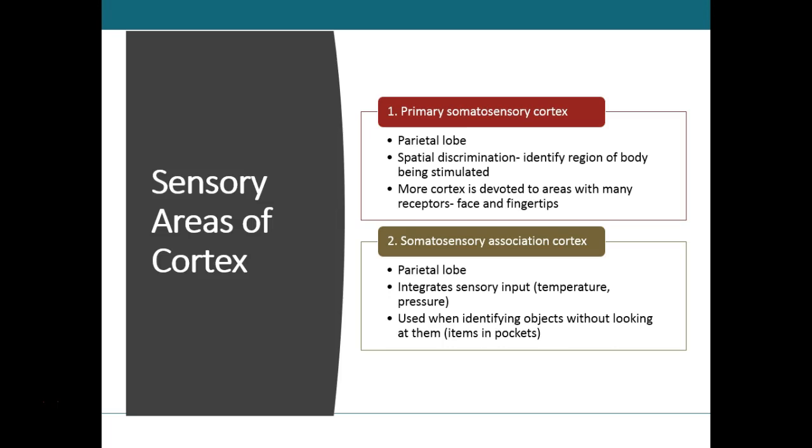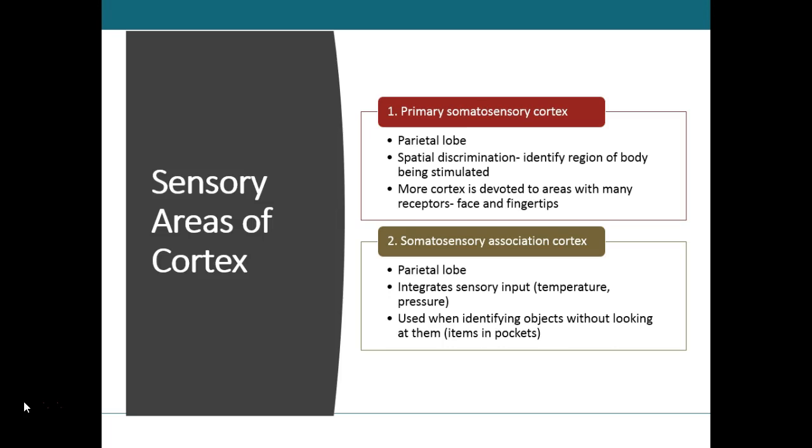For instance, think about your fingertips and how many receptors there must be in order for you to feel the slightest little touch and all of the information that you process through your fingertips, as compared to, say, your calf. Your calf is much larger than your fingertips, but much more of the cortex is associated with the fingertips than the calf. So much more cortex in those areas where we have a lot of sensation.